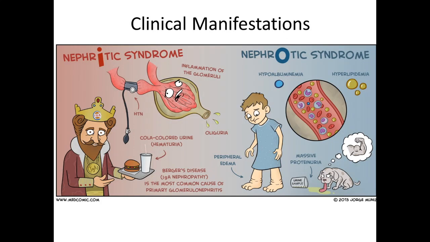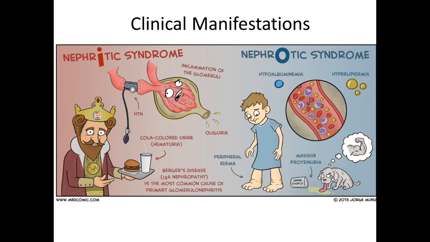Nephritic syndrome, guys, develops with inflammation of the glomeruli, and of course with hematuria, generally slight, giving the urine a smoky appearance, and erythrocytes are detected by microscopy or by chemical testing for hemoglobin.